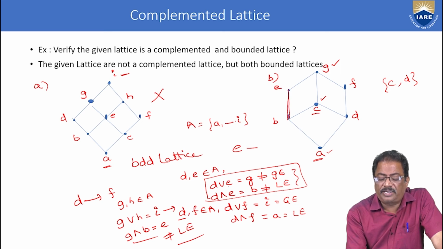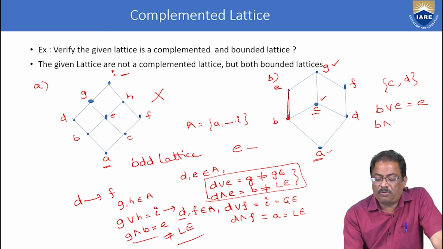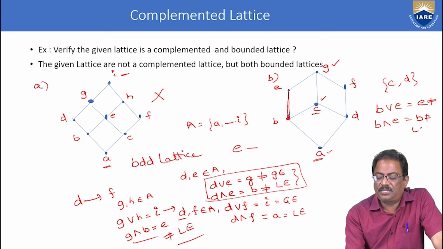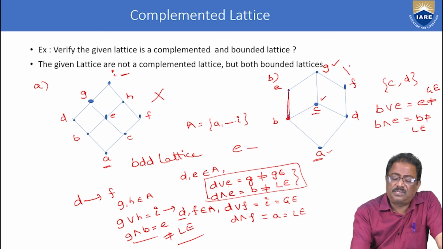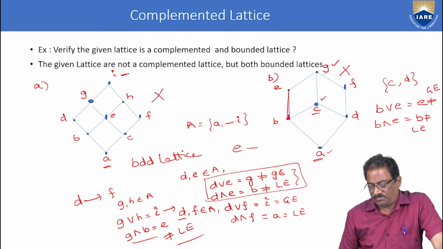And what is the greatest lower bound of B, E? It is B, which is not equal to the least element. So this is not a complemented lattice.